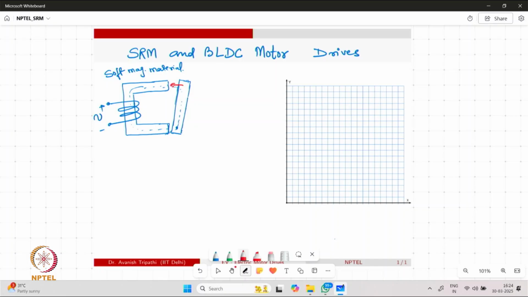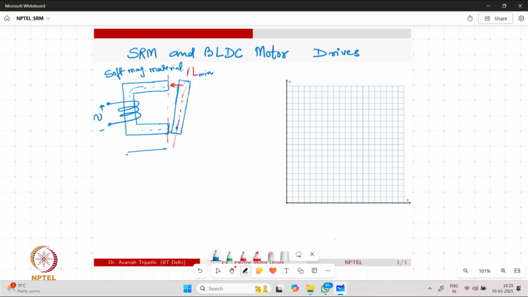So there are two possibilities for the plunger to be in. One, when it is far from the electromagnet, say the condition when it is unaligned with respect to the electromagnet, and this is where we have the inductance value minimum compared to the other scenarios.